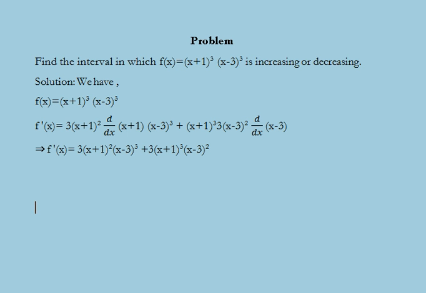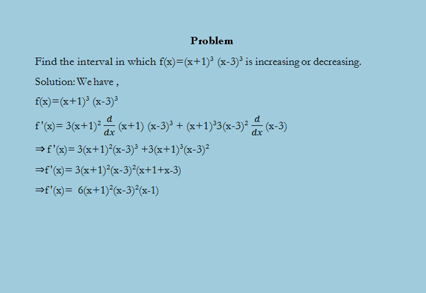This implies that f'(x) is equal to 3(x + 1)^2 (x - 3)^3 plus 3(x + 1)^3 (x - 3)^2, which implies that the derivative f'(x) is equal to 3(x + 1)^2 (x - 3)^2 times [(x - 3) + (x + 1)]. This can be further simplified as 6(x + 1)^2 (x - 3)^2 (x - 1).